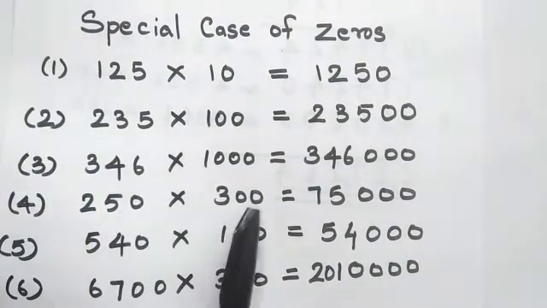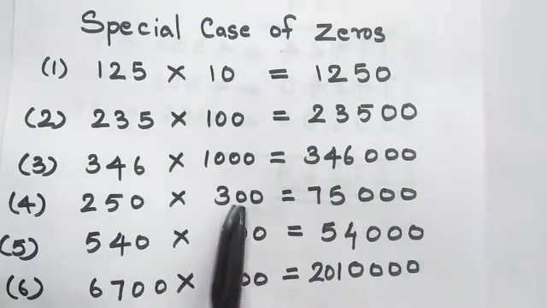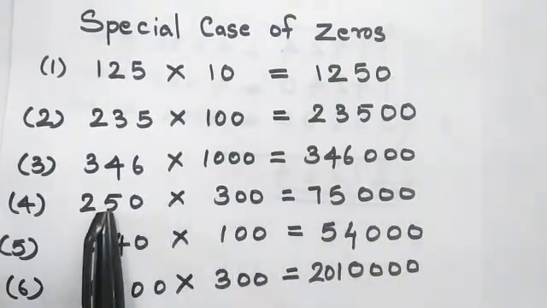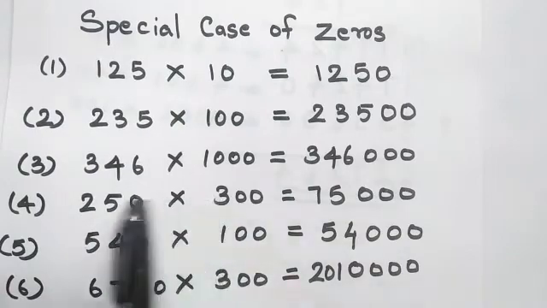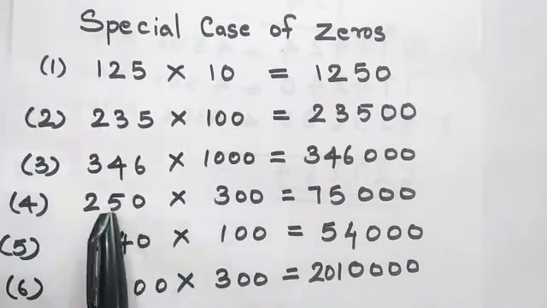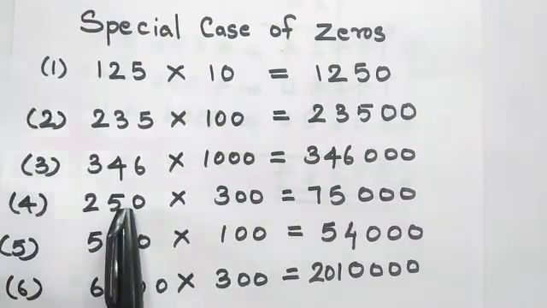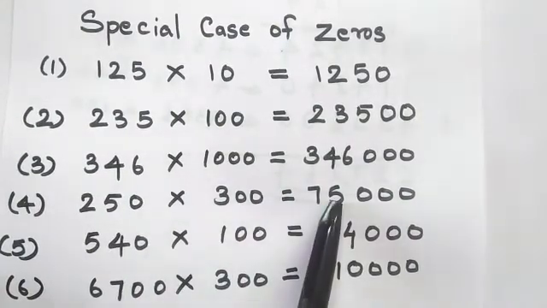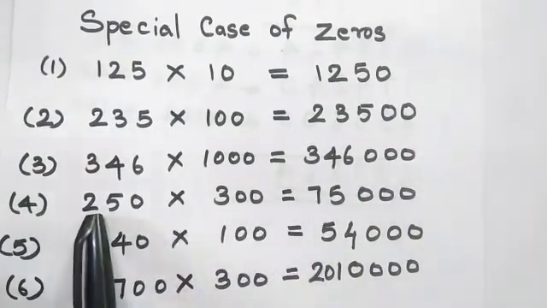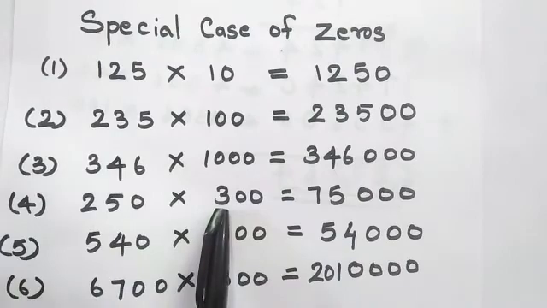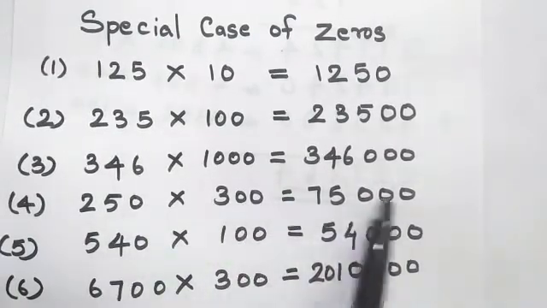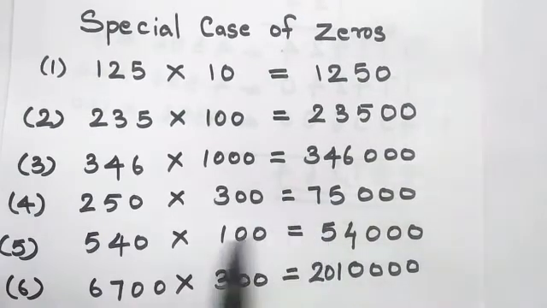So total 3 zeros in the given numbers. Then except the zeros, how many digits are there? 25 and 3. 25 into 3. 5 into 3, 15, 1 balance. 2 into 3, 6 plus 1, 7. That means 25 into 3, 75. And then we put these 3 zeros together with the 75.